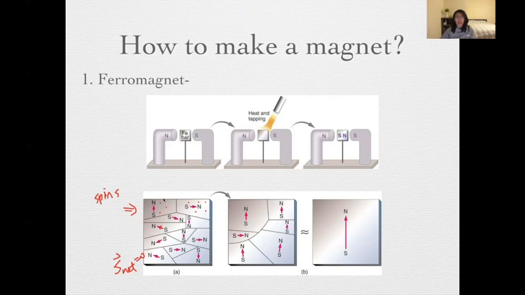So that's why usually if you have an iron metal, it doesn't show any magnetic properties, because it all canceled out. However, once you heat up this iron, they get more energy, then they can freely move around, and the spin can freely spin around.